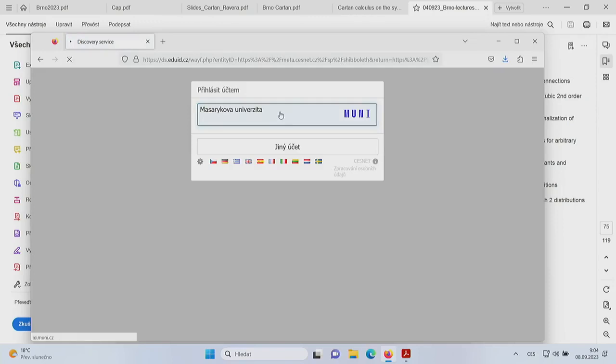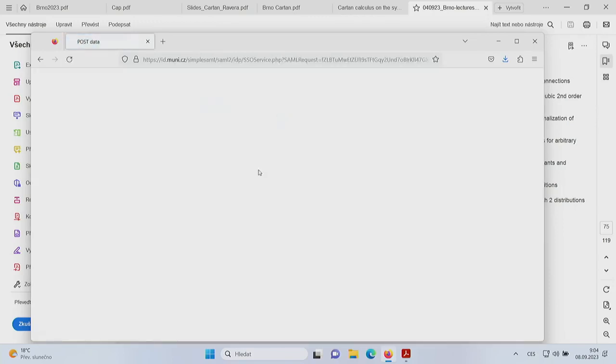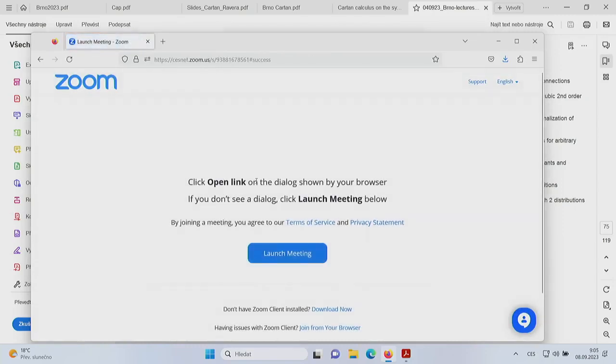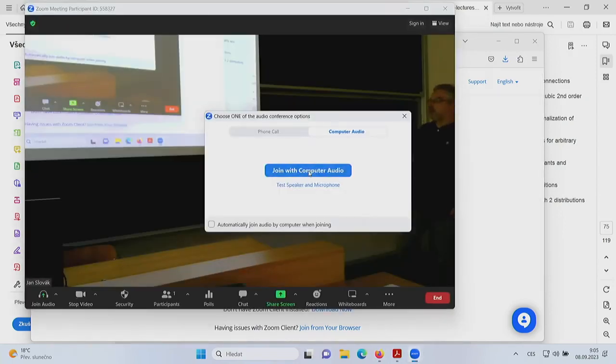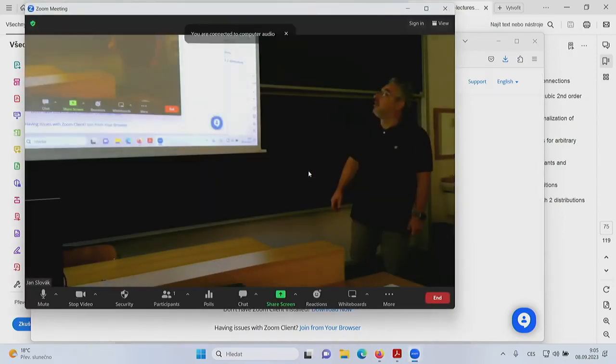This geometric structure will be just a free length 2 distribution on a manifold.